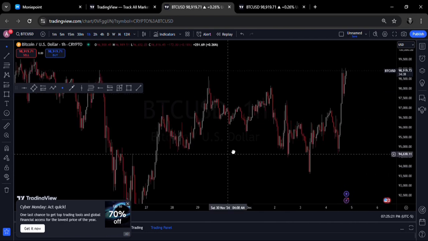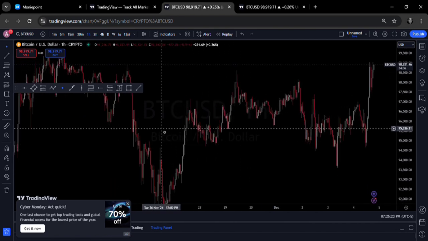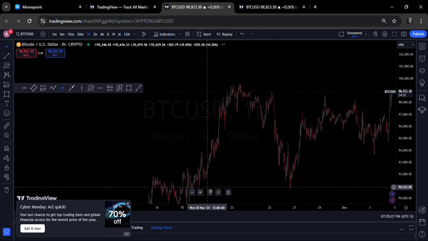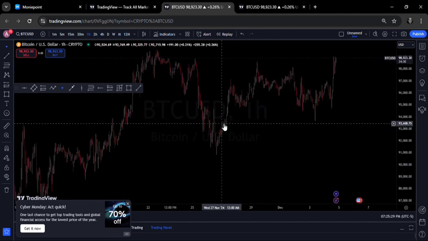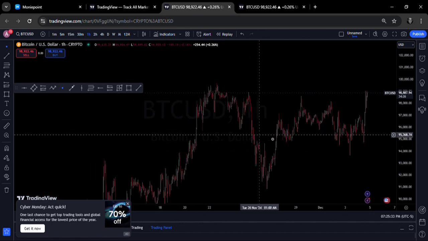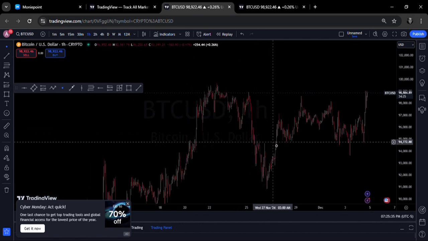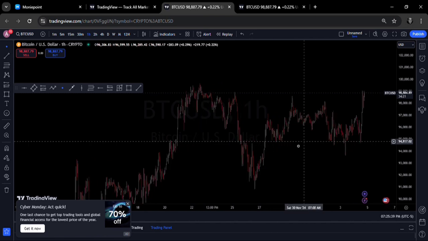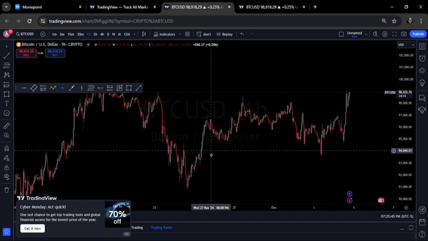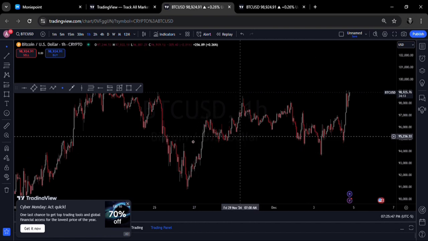So let's go. Let's start from here. The chart was like this, exactly like this. Let's assume all these things did not happen from here to here.